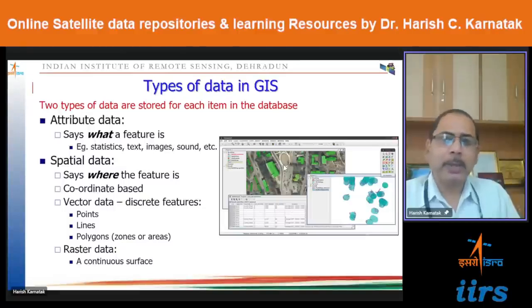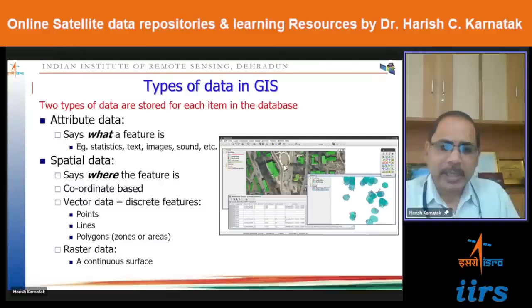If these three geometries are used, then we call it vector data. If the data is stored in the form of an image, where the information is stored in the form of picture elements called pixels, this is the same as a photograph taken by your mobile. It is called a raster image, or raster data. So these are the two data models generally practiced in GIS.